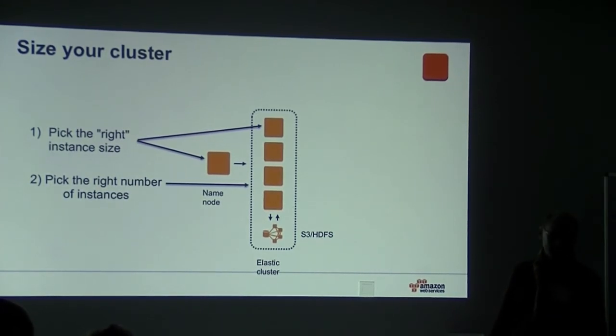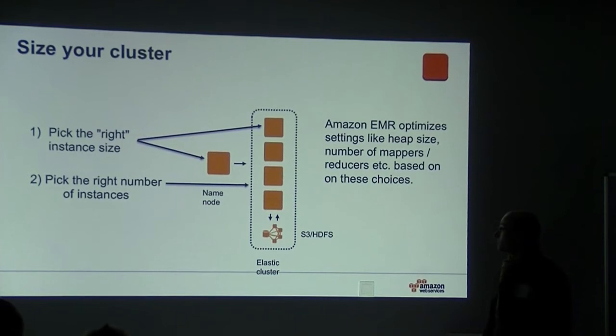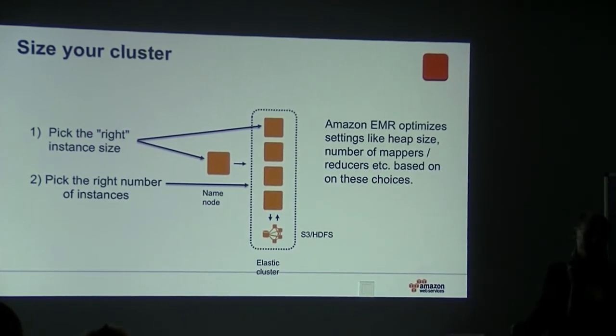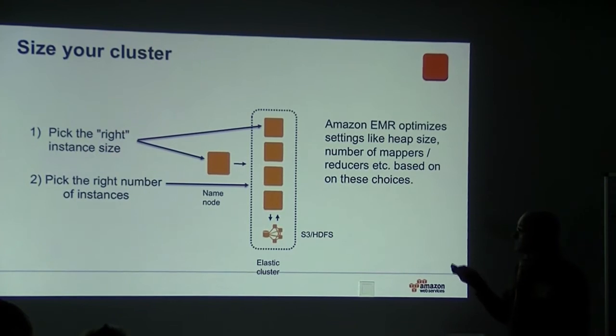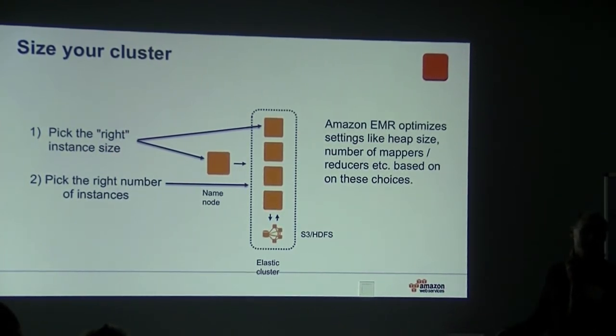In the beginning, I mentioned that we do a fair amount of tuning, and part of that tuning is that the EMR team runs a lot of tests on different instance sizes with different configurations, and then picks sane defaults based on the instance sizes and the number of instances that you've picked for your cluster.